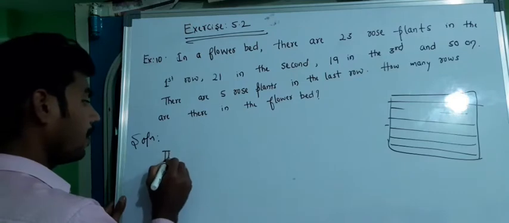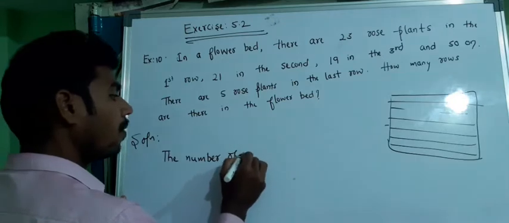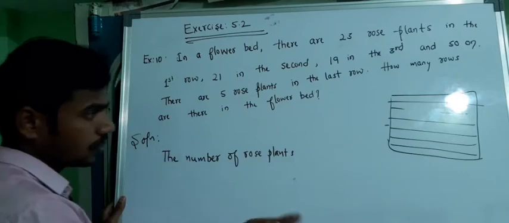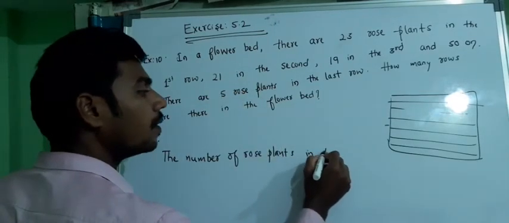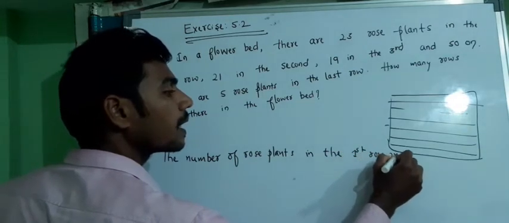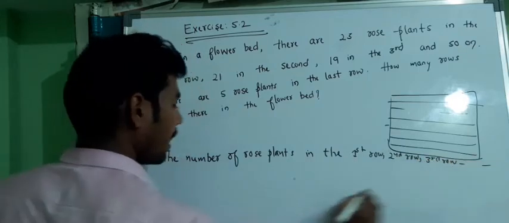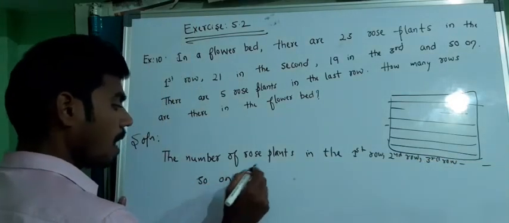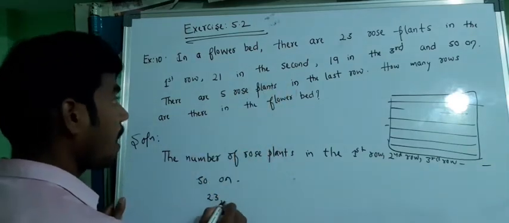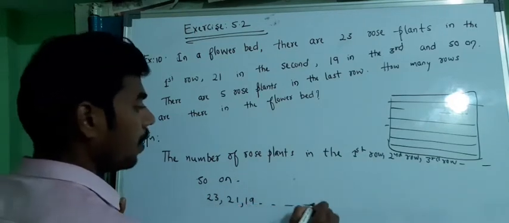The number of rose plants in the first row, second row, third row, and so on. In the first row it is 23, 21, 19, and so on up to 5.